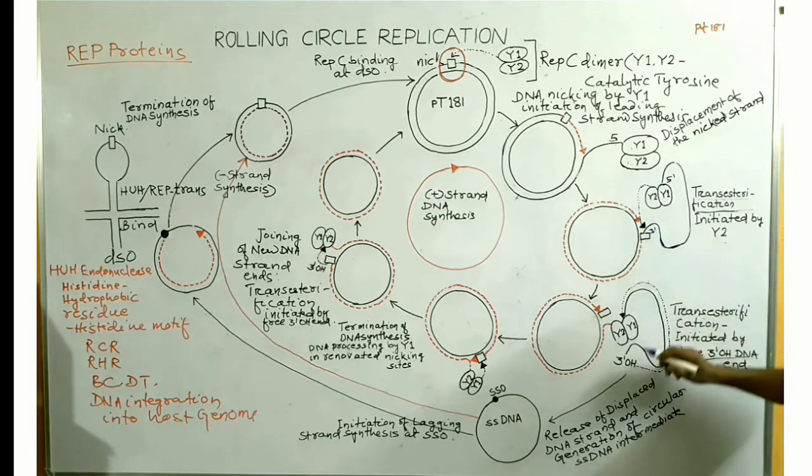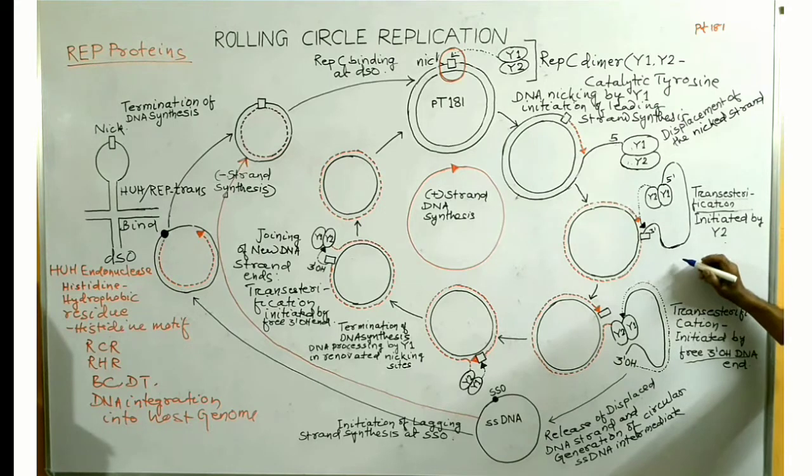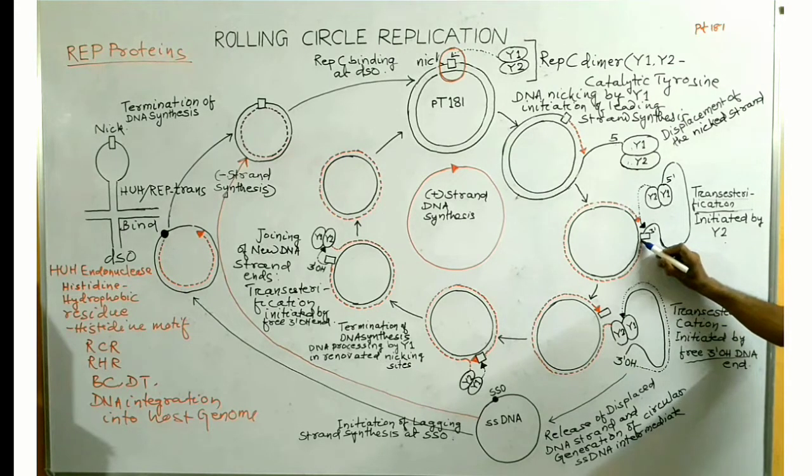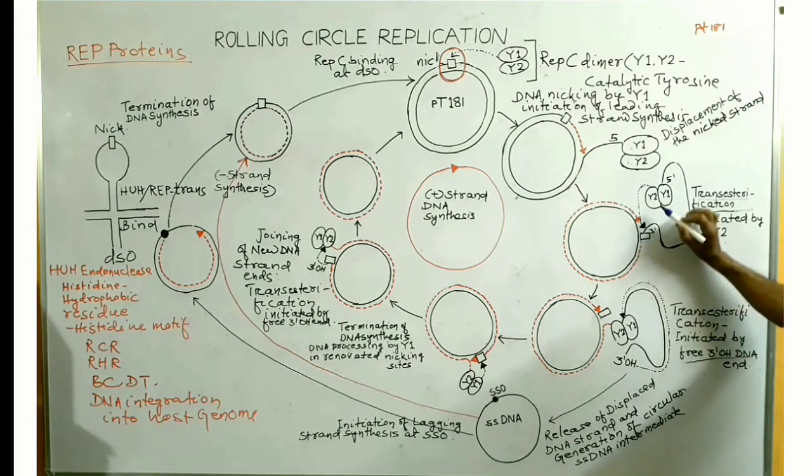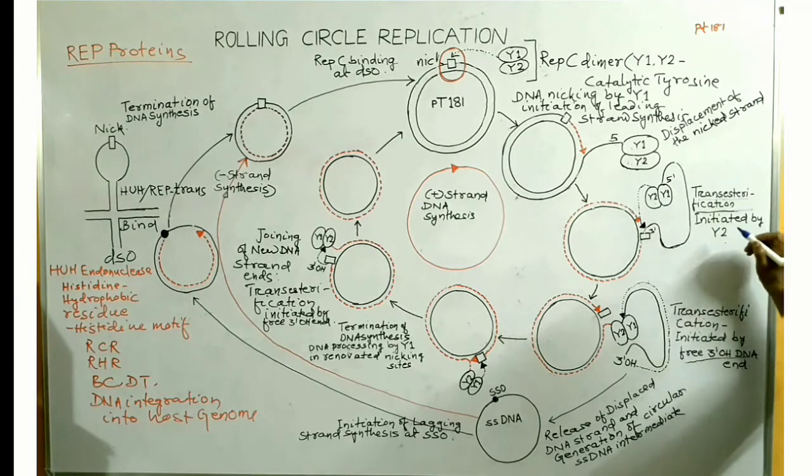So the 3' end becomes free and another phosphotyrosine bond is formed between the newly synthesized DNA strand and the catalytic tyrosine residue Y2. This is the first transesterification reaction that is initiated by Y2.